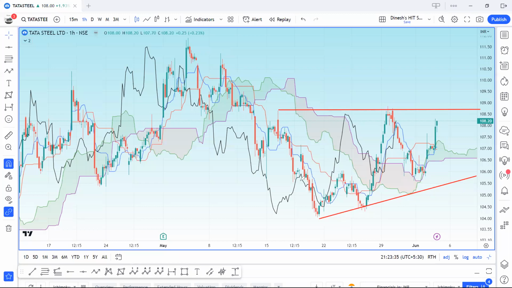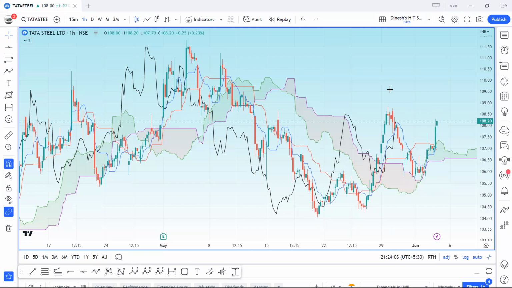We can see this first, second, third out here. So again, this particular level, 106, is crucial from that aspect. And once it breaches this line, there's no stopping it till this gap area which we spoke of, between 111 to 107.